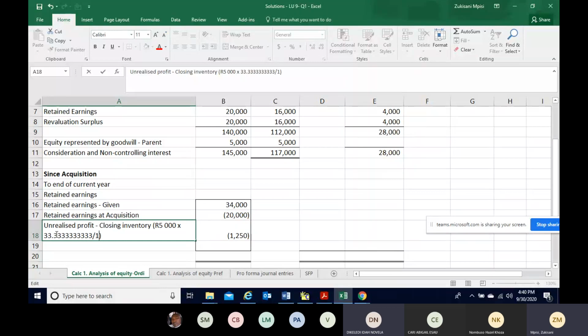So the answer that you should get here is 1,249.99 and some other numbers, but when you round it off, you should get 1,250.